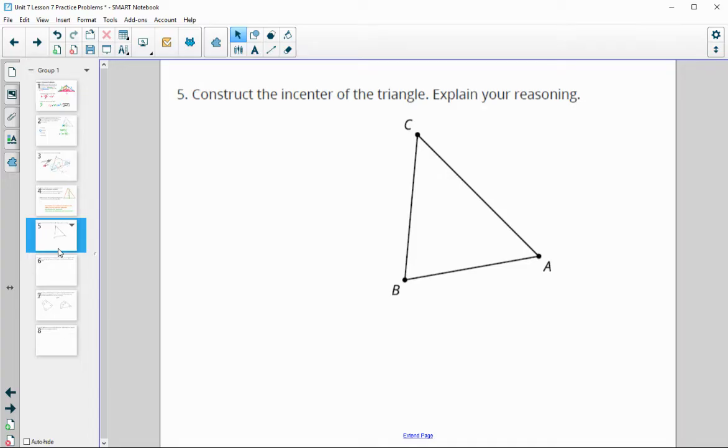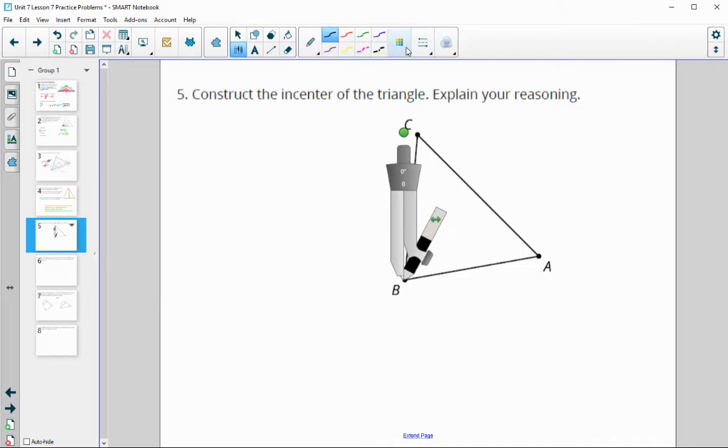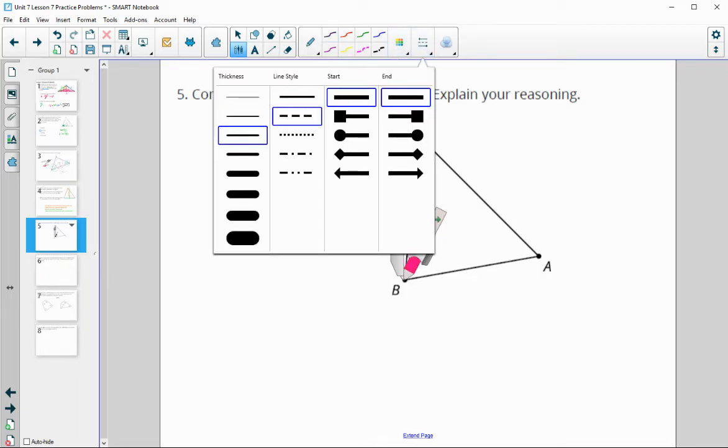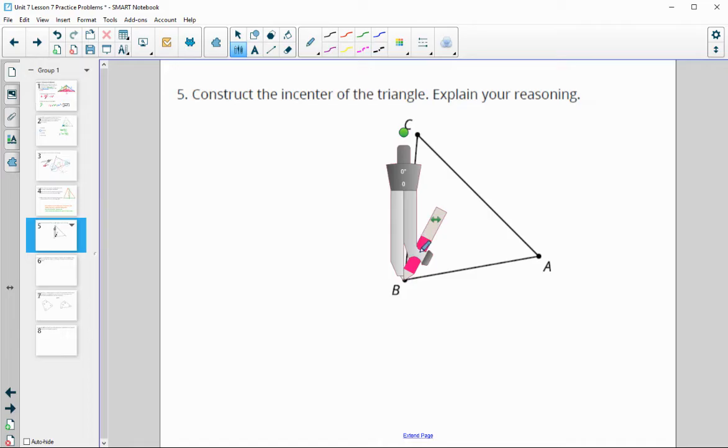Number 5, construct the incenter of a triangle. So if we're just constructing the incenter, we're going to do similar to what we did a couple problems ago, except we don't actually need to construct the inner circle. So we will just construct a couple angle bisectors.